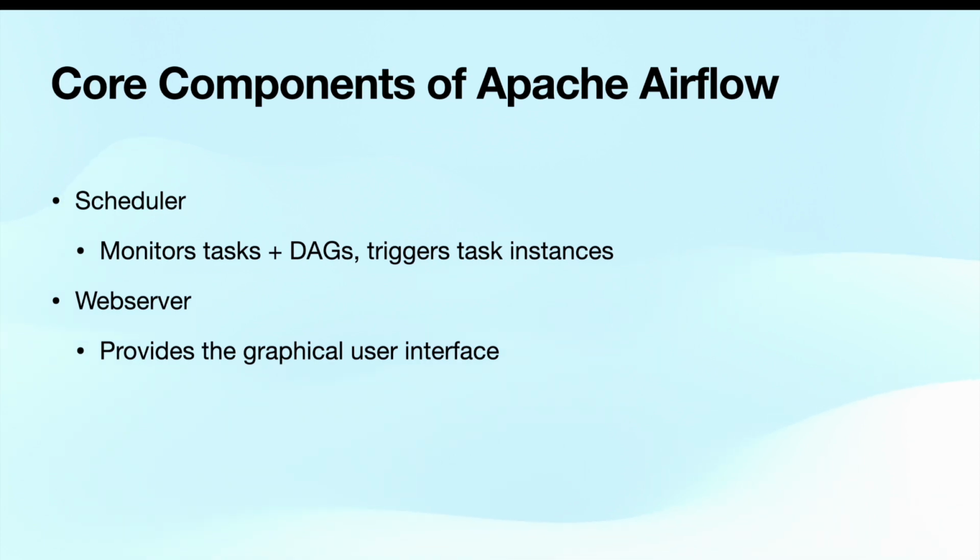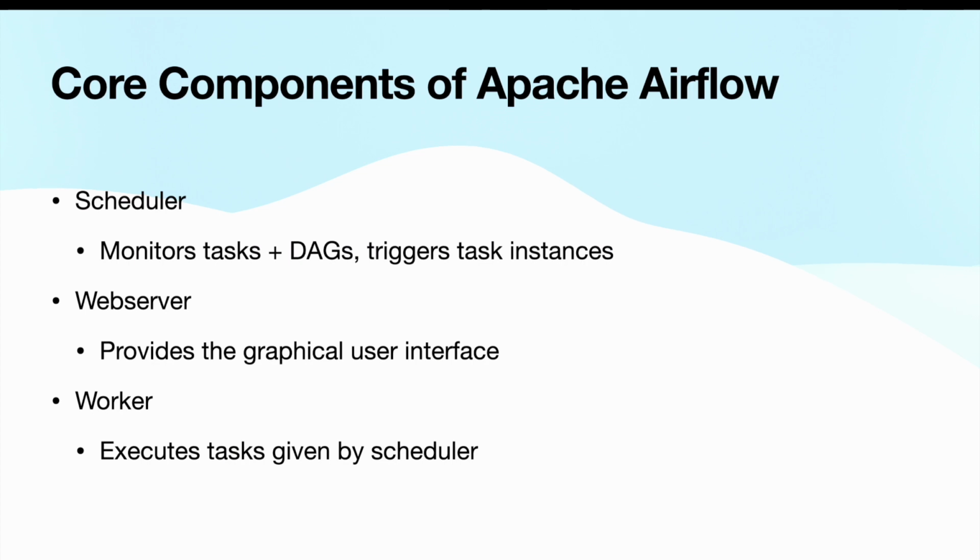So whenever you want to manually start a task or trigger a DAG, you can do it via the web server, via this graphical user interface. You have also the Airflow binary to keep in mind. Then we have the worker, which is executing the tasks given by the scheduler. It is the workhorse of Airflow.